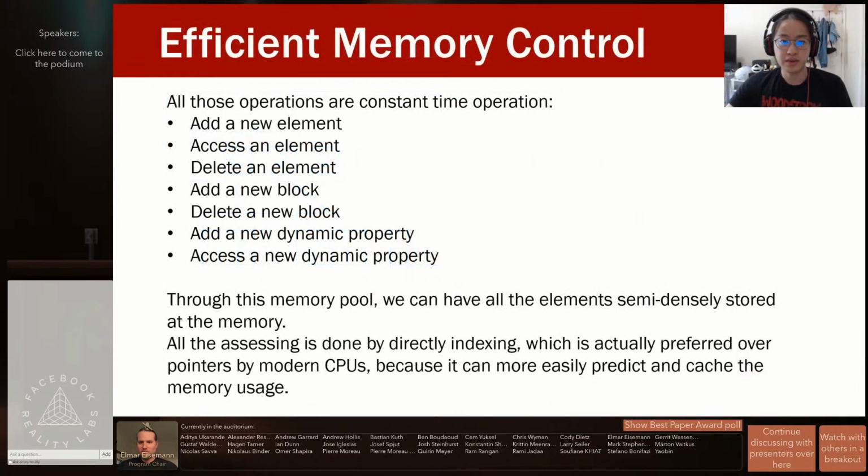Our memory pool is very efficient. Basically, all the operations for it are constant time operations. We also found out that the semi-dense storage structure and direct indexing is actually preferred over pointers by modern CPUs, because it allows the CPU to more easily predict and cache memory usage.